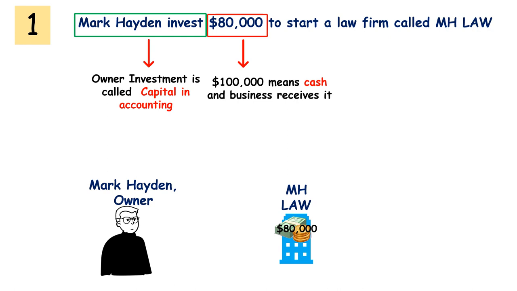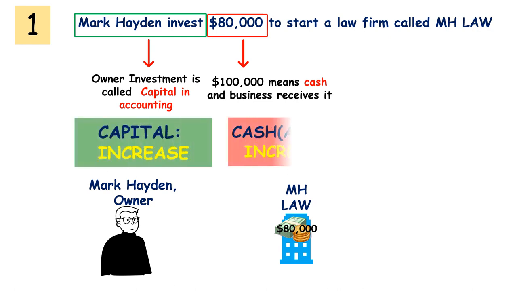Now cash is an asset, increase in asset. So what happened is capital increased and cash increased. So now we understood and found out the accounts involved and the increase and decreases. Now we need to apply the debit credit rules. So a capital increase is credit and an asset increase is debit. That we need to put in a journal.